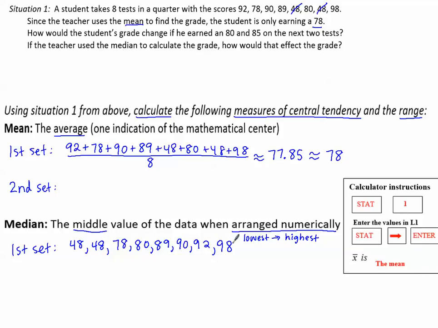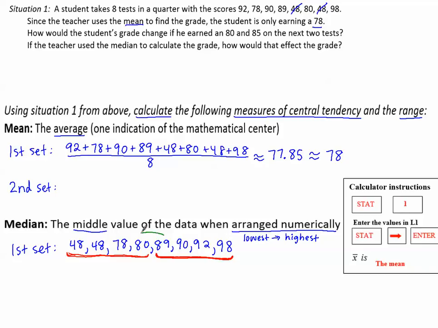Now, it's tricky when we have 8 values, because there is no value in the middle. Here's 1, 2, 3, 4, the bottom half. Here's 1, 2, 3, 4, the top half. So what number, which data point, which observation is in the middle?